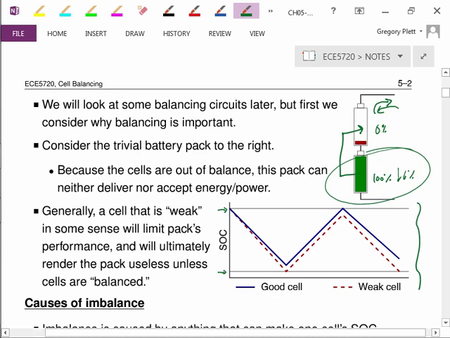And you see that over time there's a divergence between their states of charge. It never converges back normally, under normal circumstances, that is. And so over time, you can imagine if we operate a battery pack that has that kind of a dynamic, that you will get this scenario here.